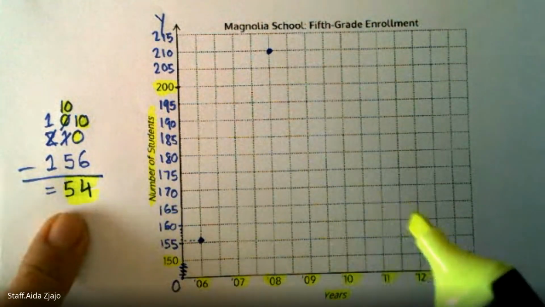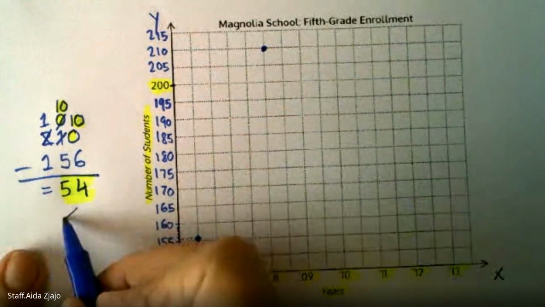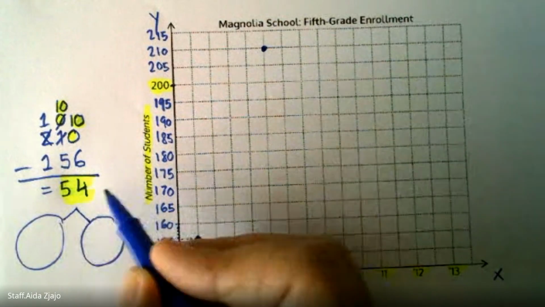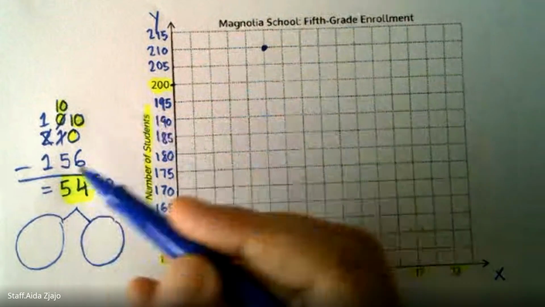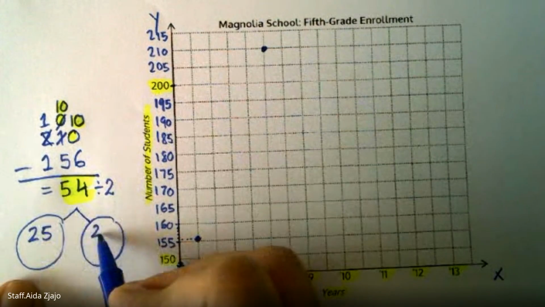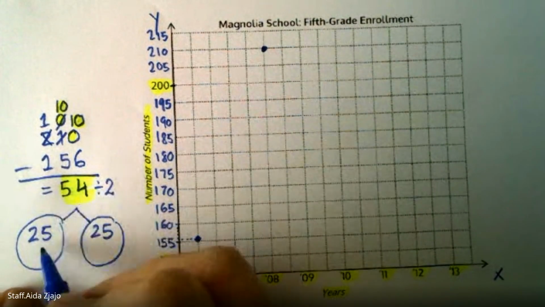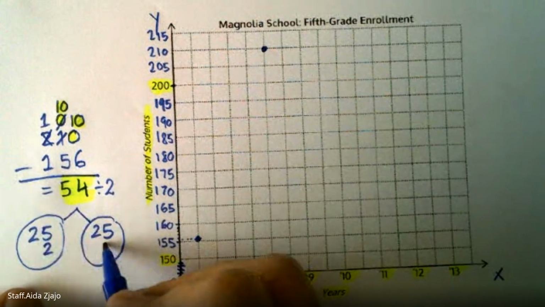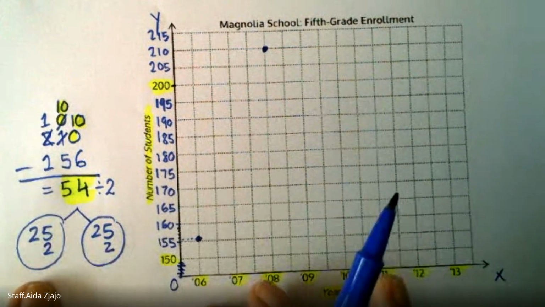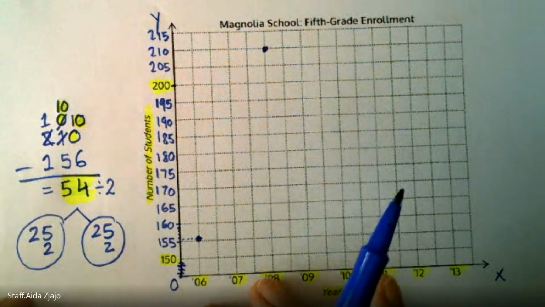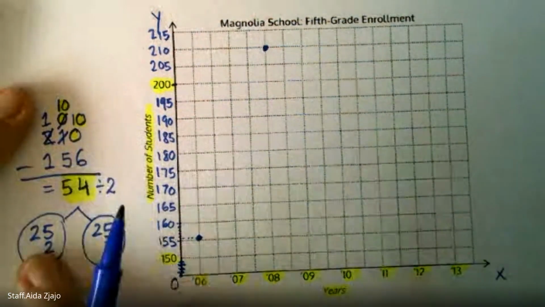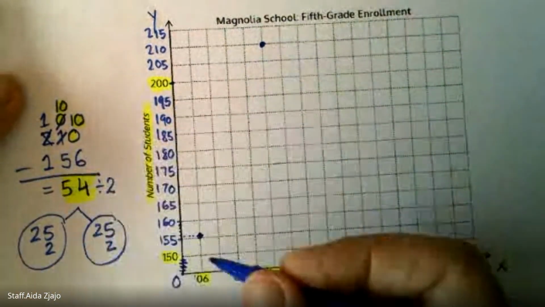So now I need to divide that into 2, so I can do this like a bond. Half of 50 is 25, and half of 4 is 2. So now I know that each year the population grew 27 students. Now I need to go back and add 27 to 156.